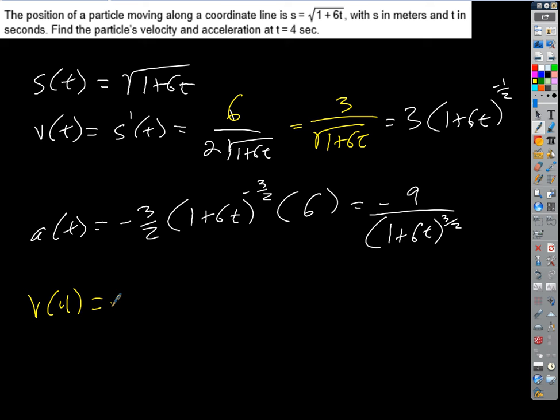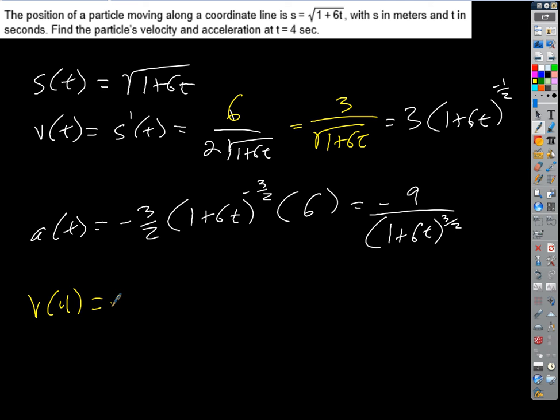But it always pays to read the question first in calculus, because you can save yourself a lot of unnecessary work. What if this was a horrendous derivative that would have been very hard to simplify? And the whole purpose of this was just to find specific values of velocity or acceleration. Would I have wanted to simplify that algebraically? No way, because all I'm gonna do is plug in numbers, and numbers are easy to simplify, right?